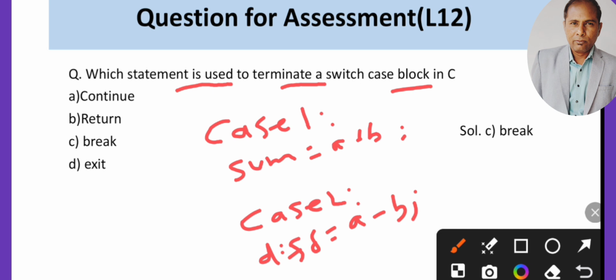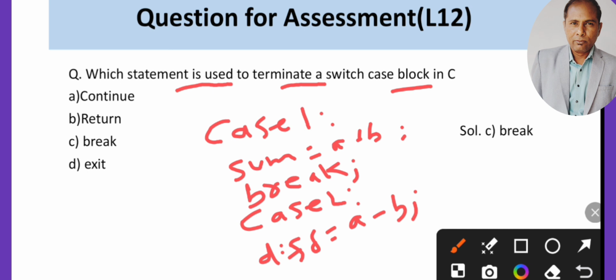Then if we don't want to check case 2, if we want to perform only addition, then before case 2 we should write the break here. So if we write the break, then it will not check the next case.